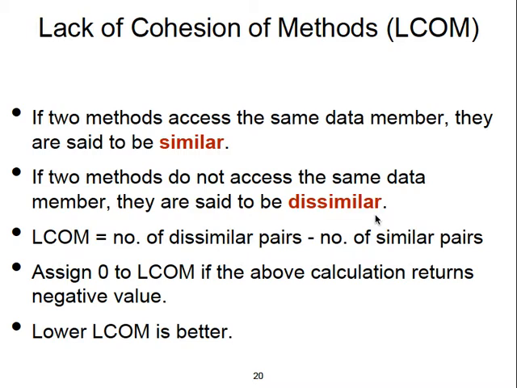Now let me try to remind everyone of the idea of coupling and cohesion. Coupling is when you have two objects or two subsystems. Okay, we have two subsystems, and if there are lots of dependencies between the two subsystems, then we say this is tight coupling. Tight coupling is bad.